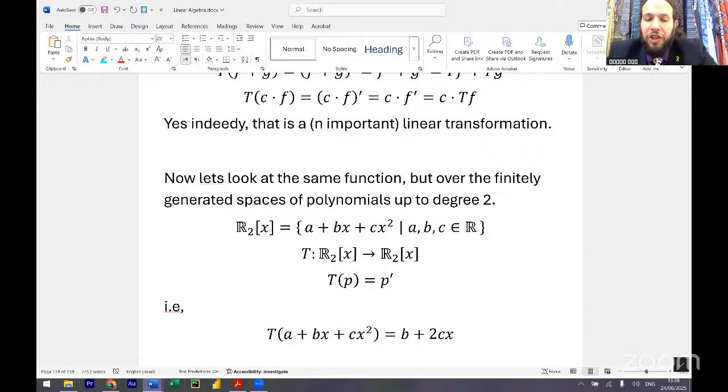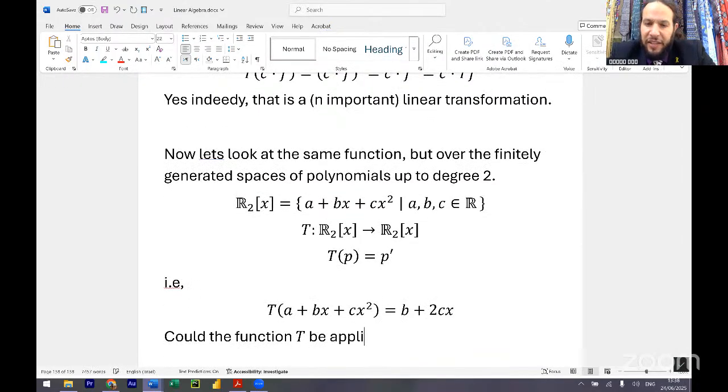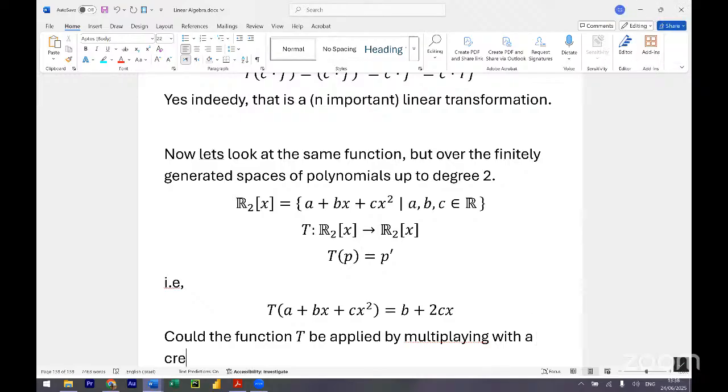And now my question is, could the function T be applied by multiplying with a certain matrix?